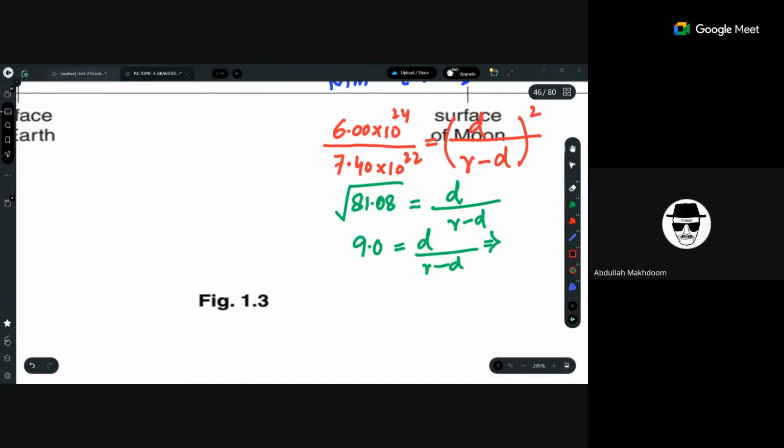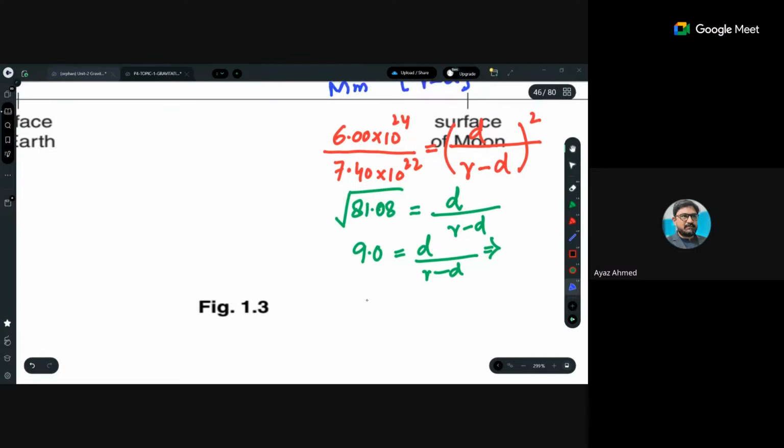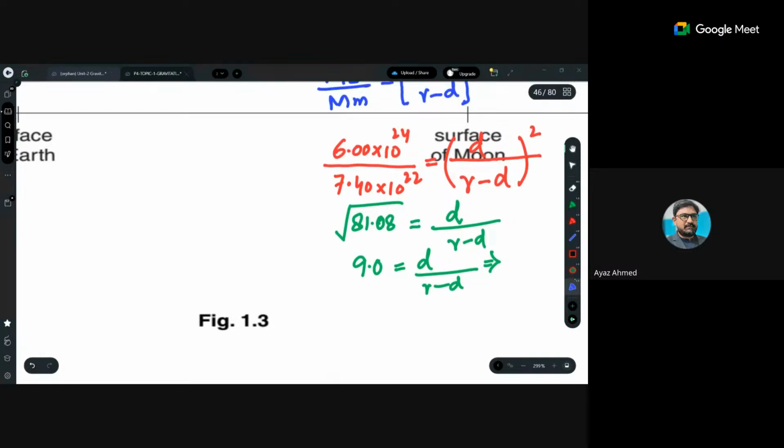10d is equal to 9r. Yes, 10d equals 9r. So d will be basically equal to 0.9 times r. Small r.